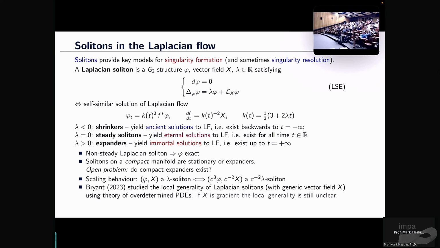The case where X is gradient is still mysterious. But the question then is not about the local nature of solutions, but global solutions: either compact expanders, or in these other cases, non-compact complete solutions.